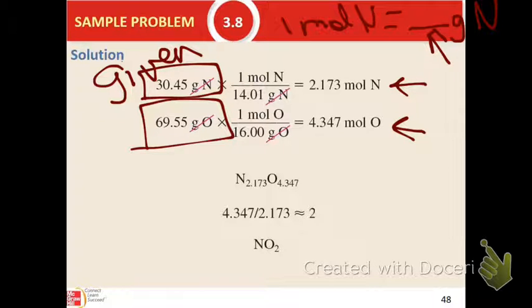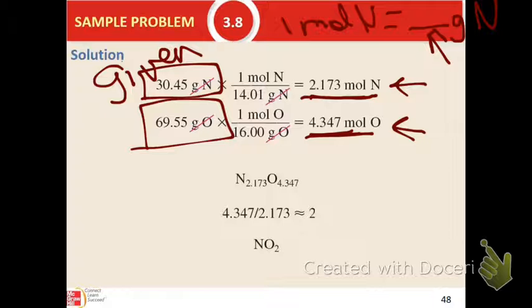All right? Well, you know that you cannot, according to Dalton's law and his kinetic theory, have a piece of a mole. You can't do that. So what you do here, just like with any ratio, you're going to choose the smallest number. And that's easy enough to do. Which one of these two numbers is smaller? 2.173.